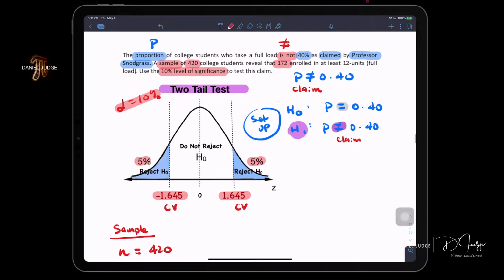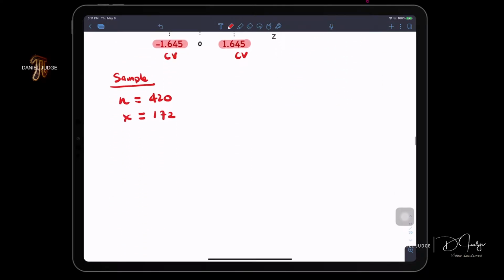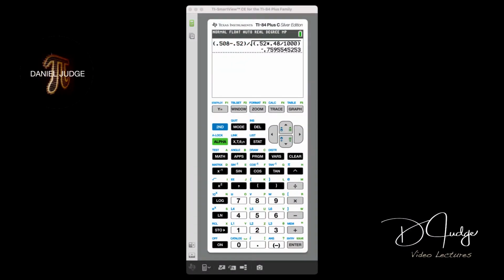Since this is a hypothesis test about a proportion, we're going to need the sample proportion. So it's 172 divided by 420. We've got to get out the TI. 172 divided by 420.